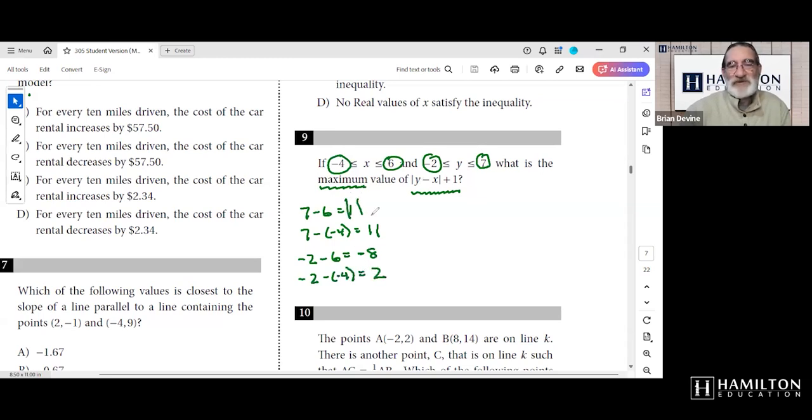Now, the absolute value of 1, of 11, of -8, of 2, the biggest one happens at 11. So 11 plus 1 equals 12. 12 is the maximum of the given expression.